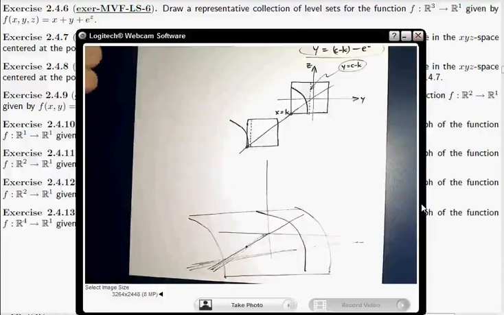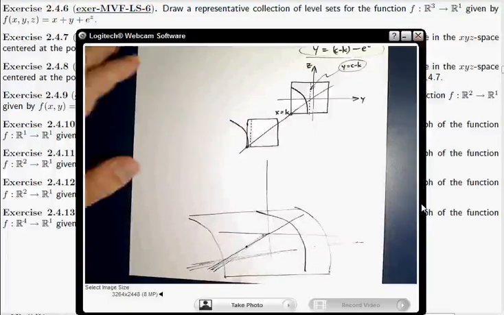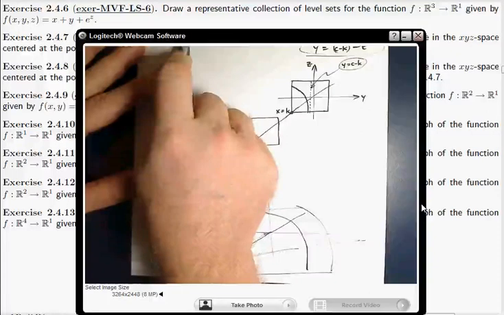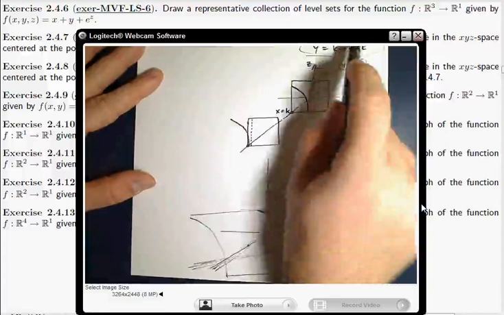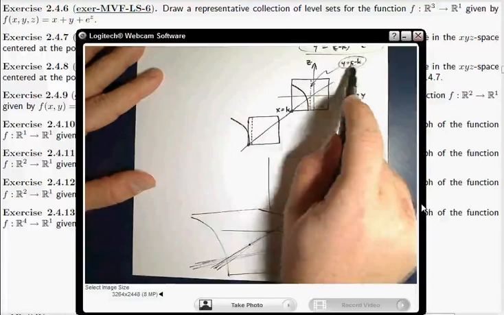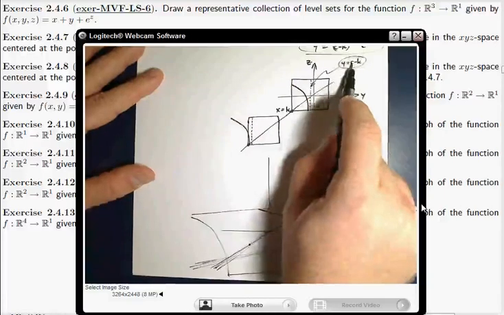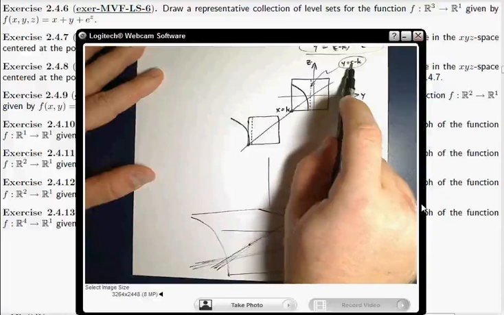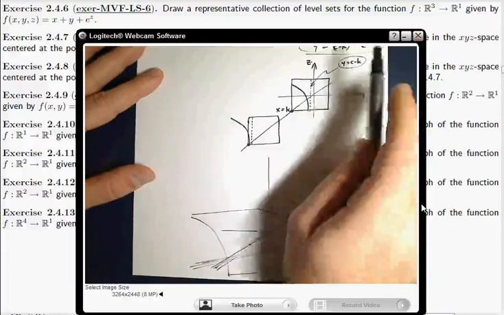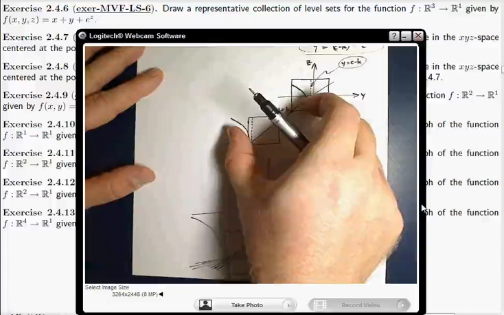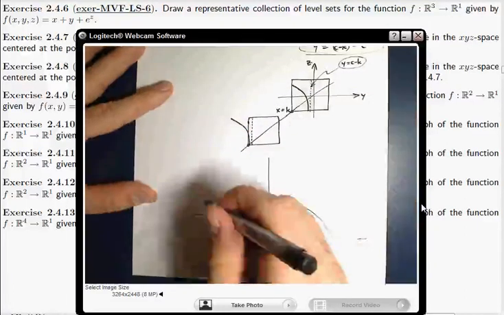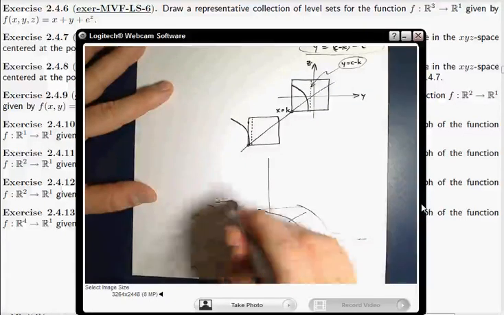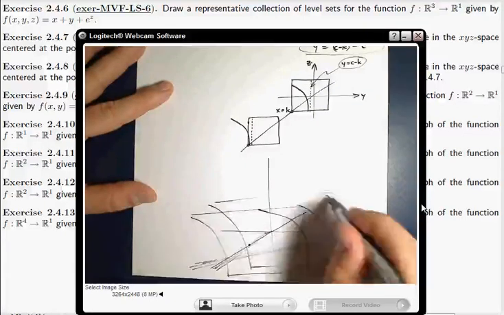And in fact, this is most of the level sets. Most of the level sets look kind of the same, because what happens if I change C? Well, that's just going to change this value here. So as C increases, for example, that's just going to take all of these cross sections and move them to the right. So that's just going to give you level sets that were sort of more like that.